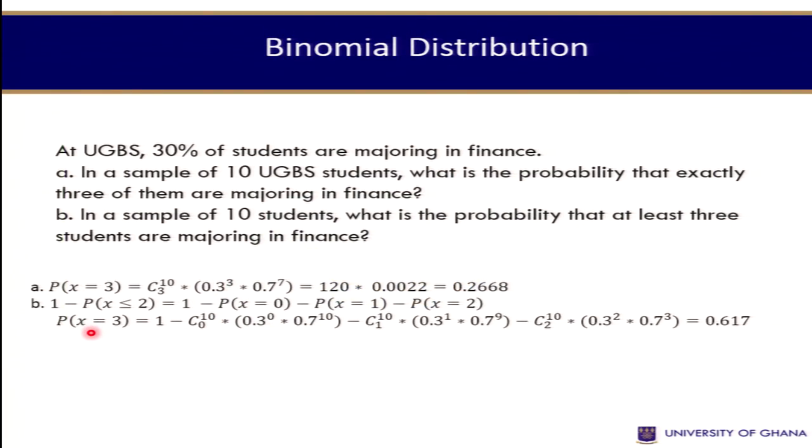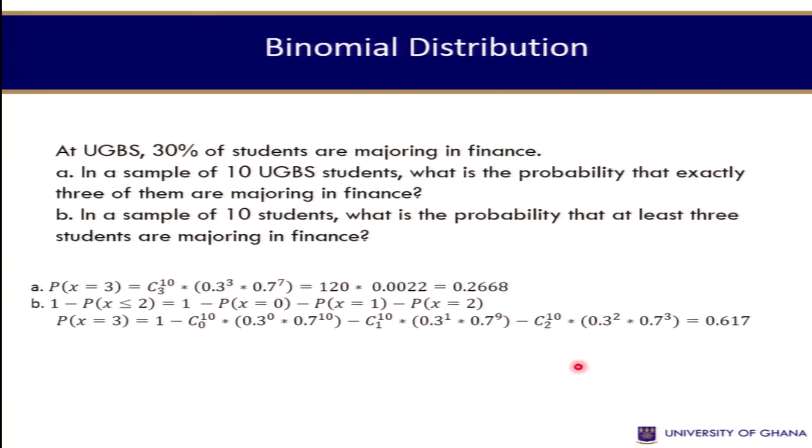So we have the probability that x is greater than or equal to 3 giving us 1 minus the first one when x is 0: 10 combination 0, p raised to the power 0, times 0.7 raised to the power 10. Then for x to be 1, we have 10 combination 1, 0.3 raised to the power 1, times 1 minus p raised to the power n minus x, in this case 9.